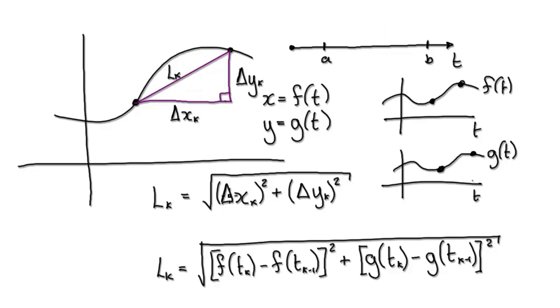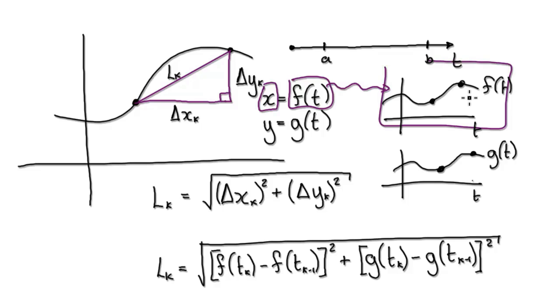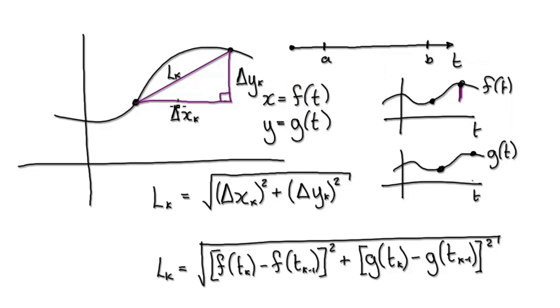Now, delta x, we can rewrite as this, because x is given by this function, which looks like this on this graph. So the height here represents delta x. The height would be f of t minus the f of t previously.